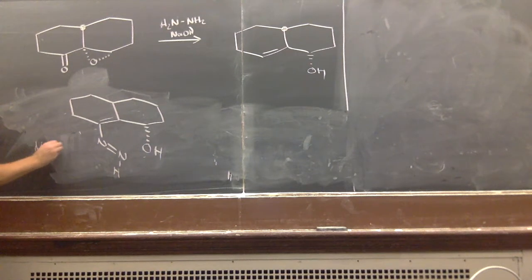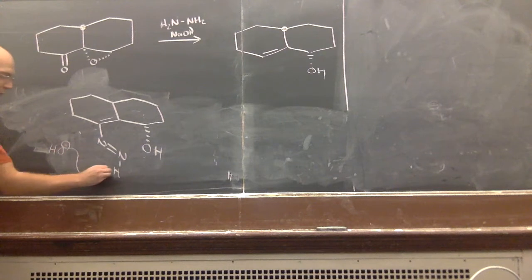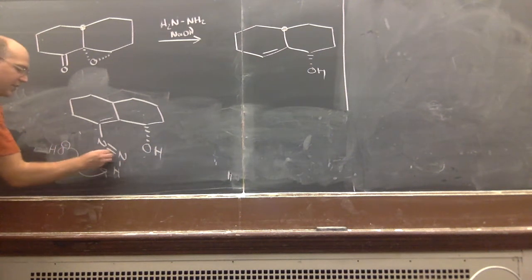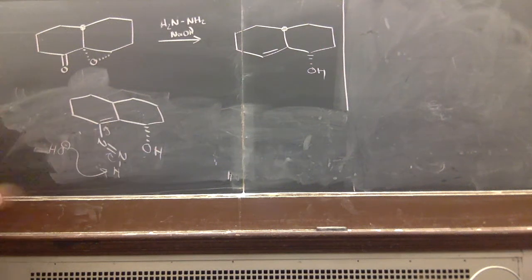And so whether you draw it, wanting to show that, when you deprotonate, you can put the negative charge on that nitrogen, but it is in essence an elimination. The leaving group in this case is a carbanion.